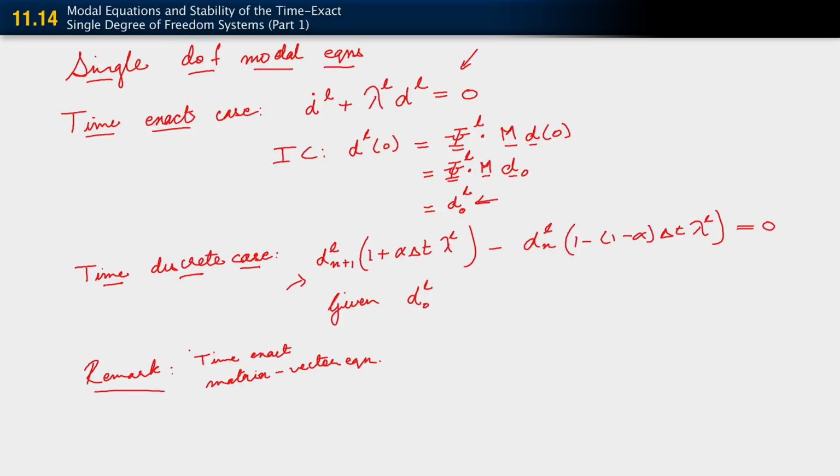Okay, and I'm going to put a box on it here. Okay, that is md dot plus kd equals 0.